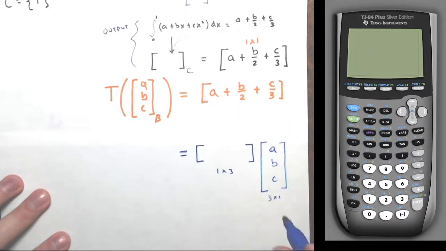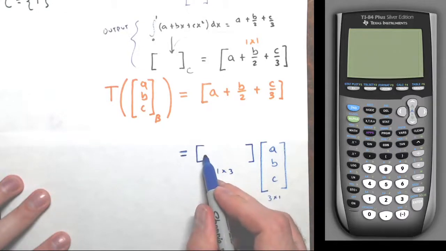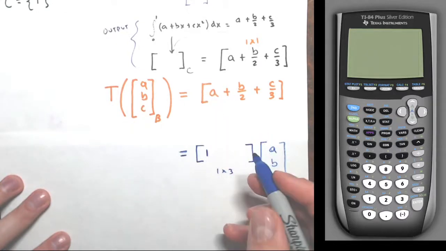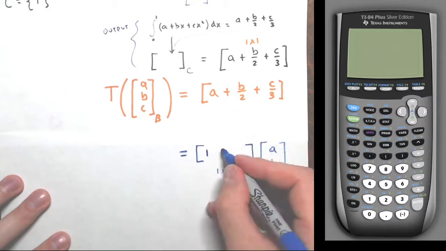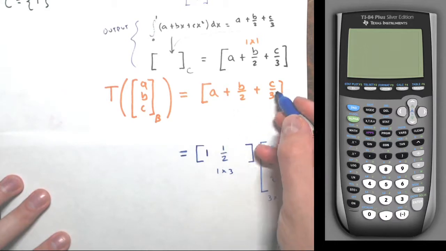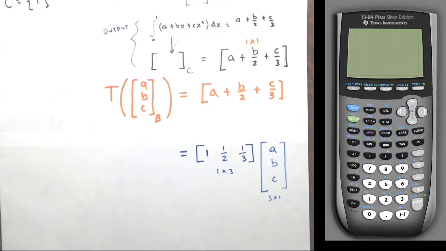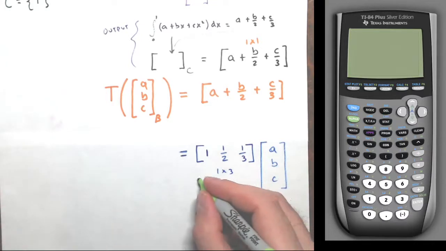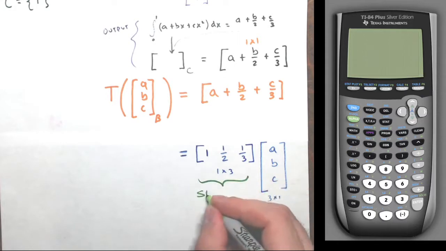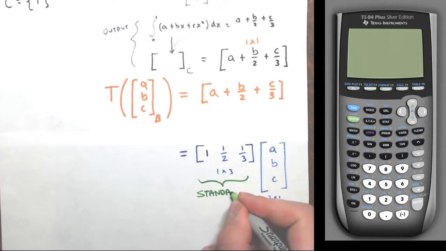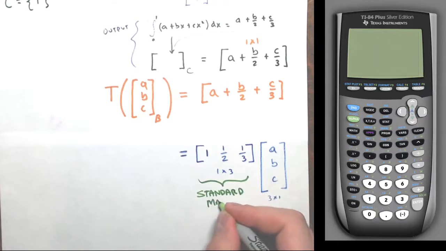And again, down the first column, just the coefficients of A, 1. Second column, coefficients of B, half. Third column, coefficients of C, 1/3. And here's the standard matrix, this little 1 by 3 guy here. That's the standard matrix for this transformation.